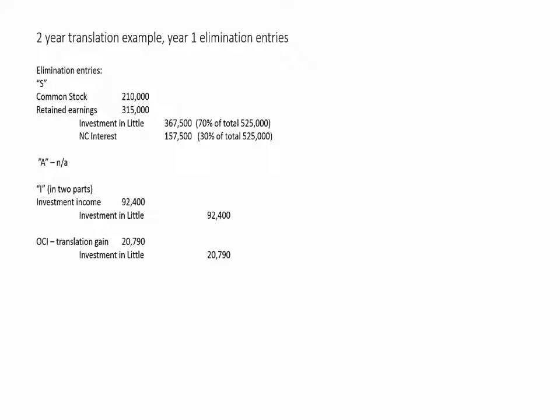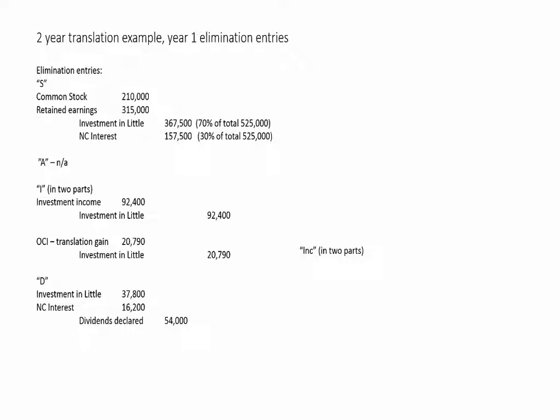And that second I entry is essentially reversing the equity method entry when we recorded Big's share of the other comprehensive income. D for dividends, nothing new there.